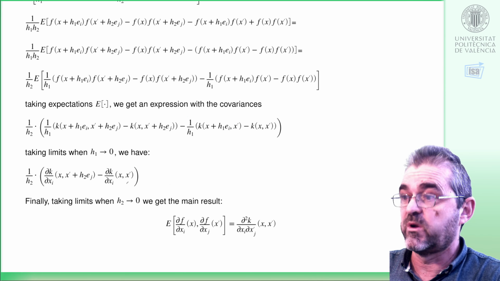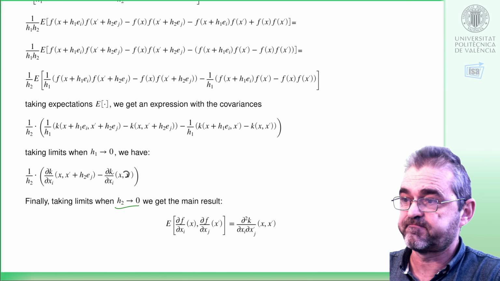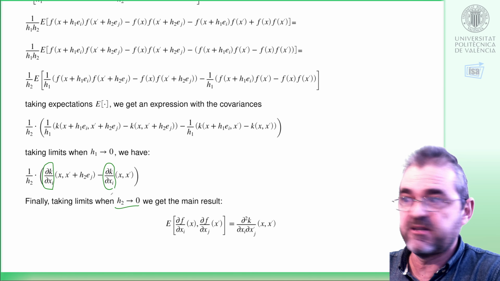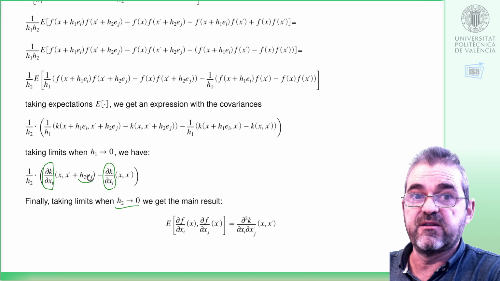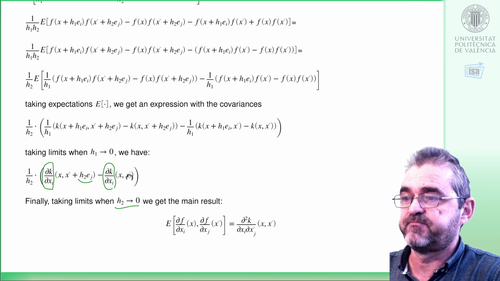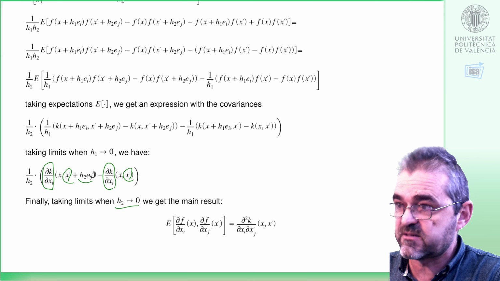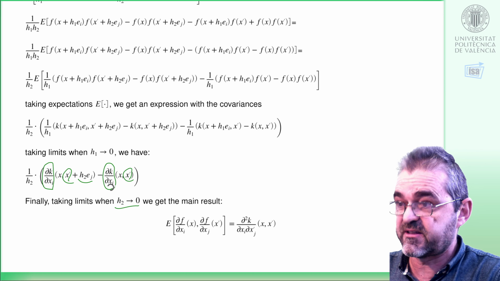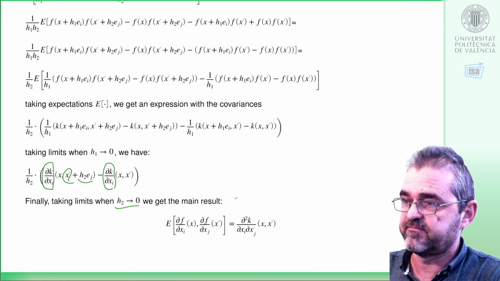So now, when we take limits when h2 tends to 0, then we'll see that this is a function in which the second argument is incremented in the jth direction. We have x prime plus an increment and x prime here, so when we make that increment infinitesimal and divide by h2, we get the partial derivative of this thing with respect to the jth coordinate of the second argument.